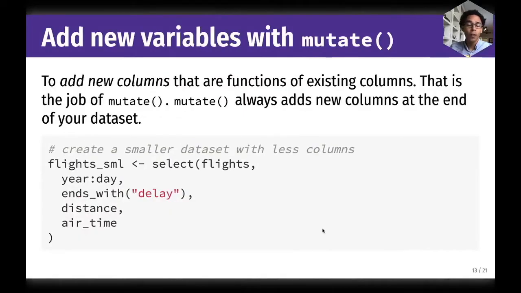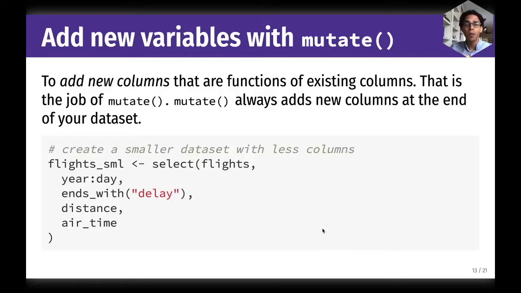We're going to start getting ready to create new variables based on information that we have, and that is the job of the mutate function. The mutate function adds new columns that are functions of existing columns. To illustrate this concept, we're going to create a smaller data set with fewer columns, since the nycflights13 package, and in particular the flights data frame that comes with it, contains a lot of information.